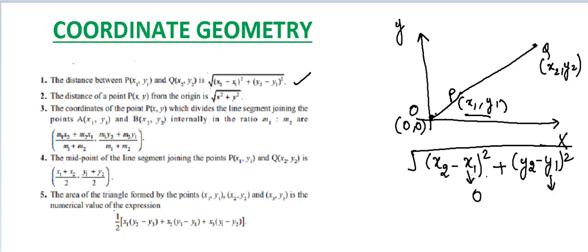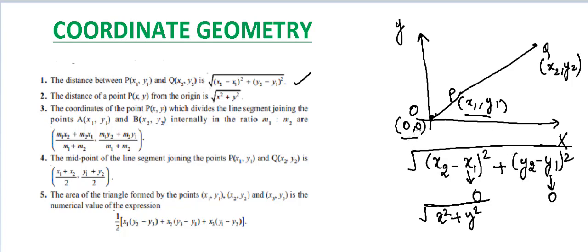Then you can say for the distance between the origin and a point, you can directly write it as square root of x square plus y square, because origin is always having the coordinates as 0 and 0.